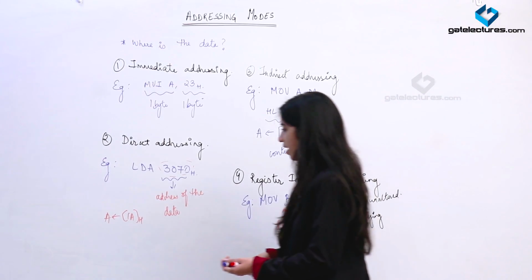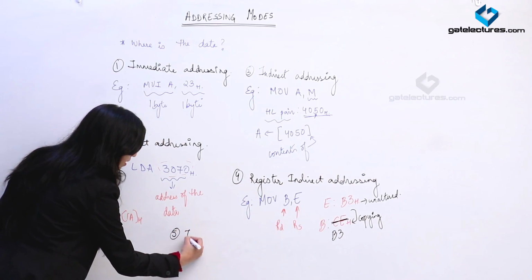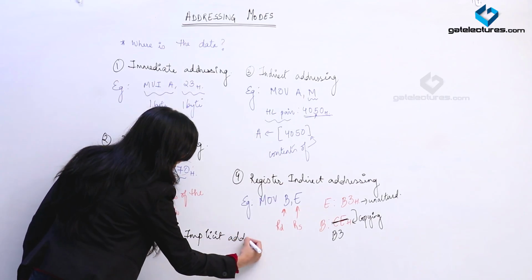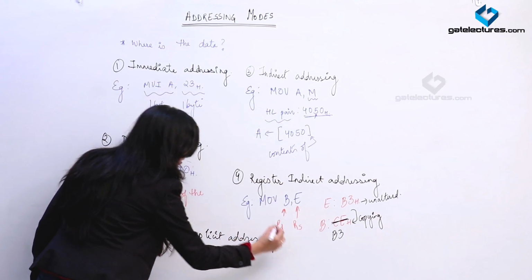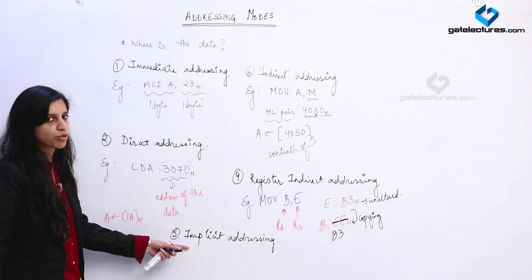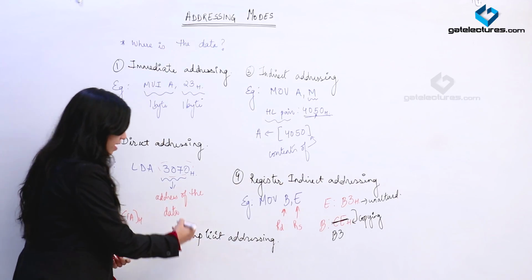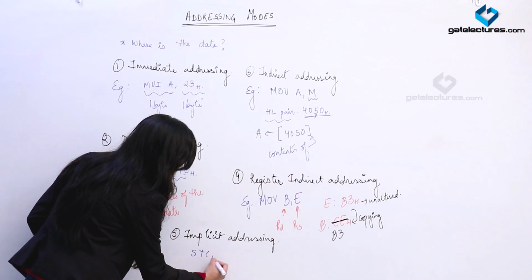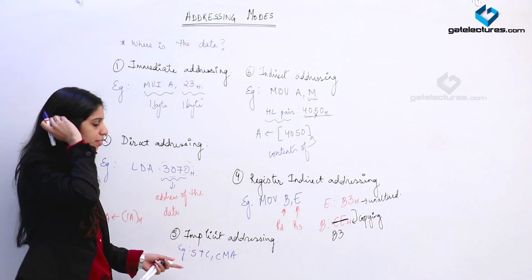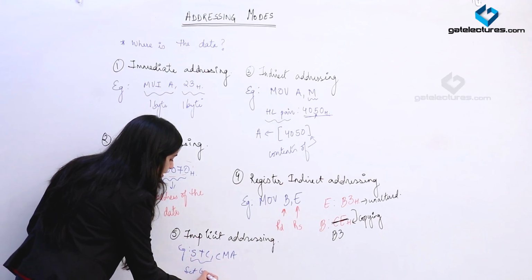Then there is one more, the last addressing mode, which is implicit addressing. In this addressing mode, no operand is specified and no register is explicitly touched. It has instructions such as STC, CMA, RRC. We are going to learn about them later, but for now, STC is set carry.